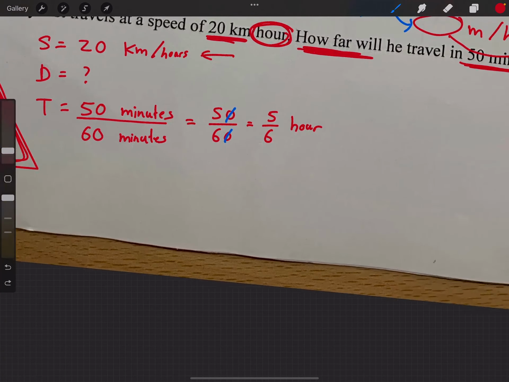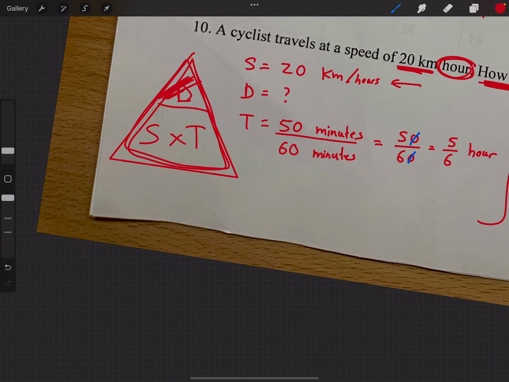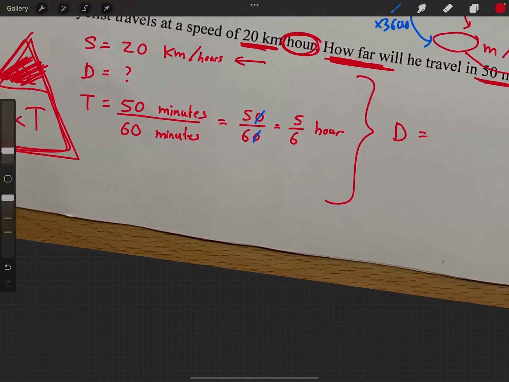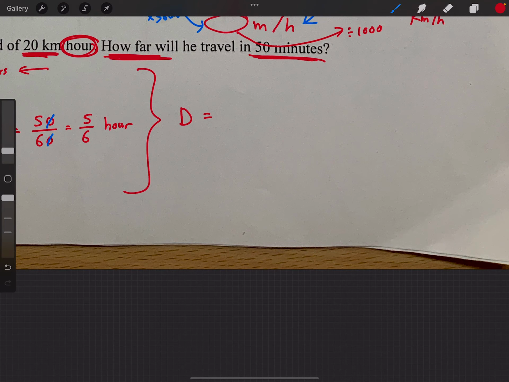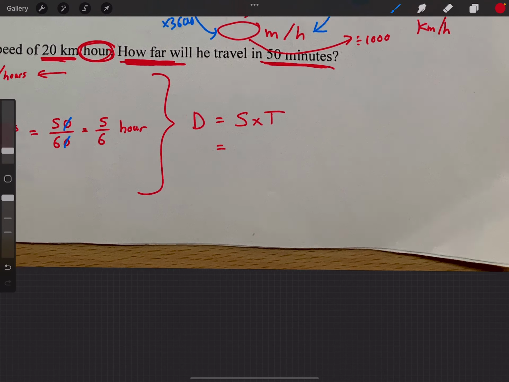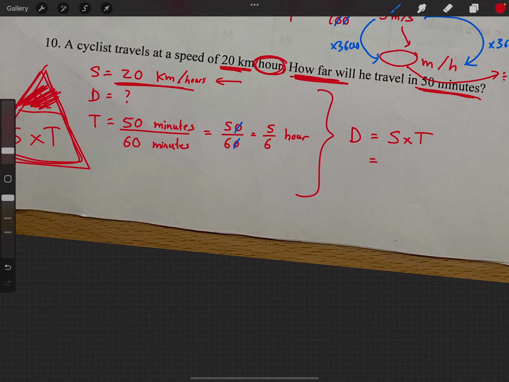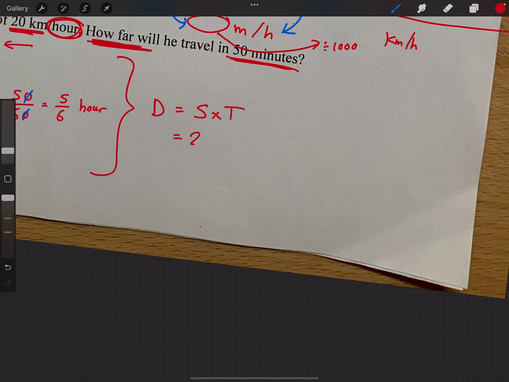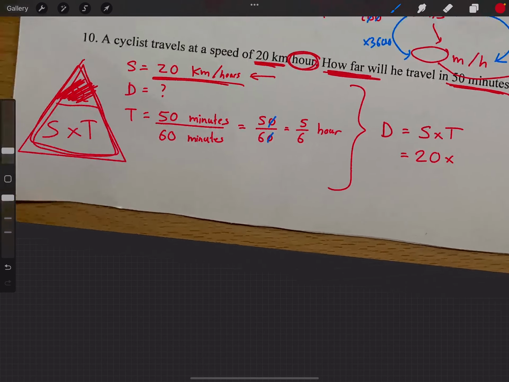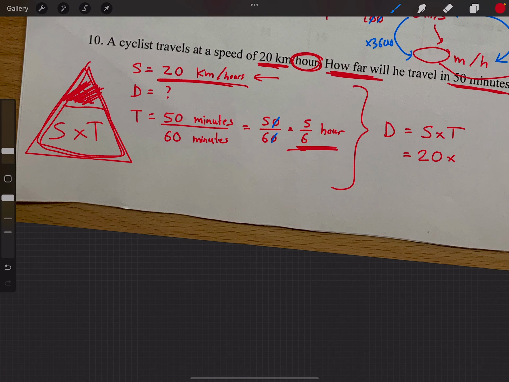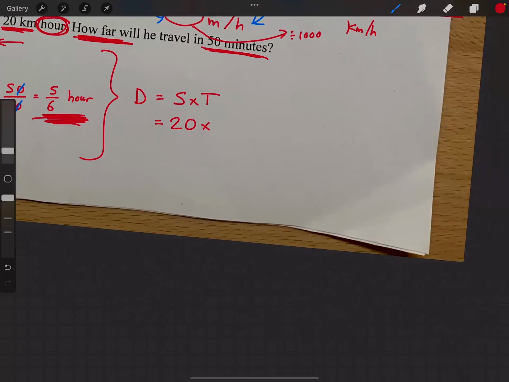Well, distance is equal to, we cross out the distance and we get speed times time. So distance is equal to speed times time. Now the speed, what's the speed? Speed given to us is 20. So that's 20 times the time. The time given to us is 5 over 6 of an hour. So we multiply by 5 over 6.